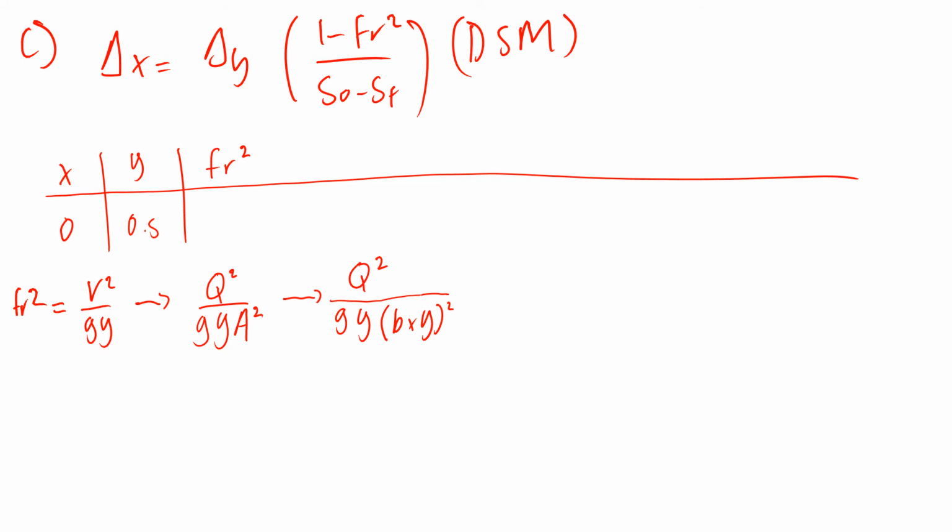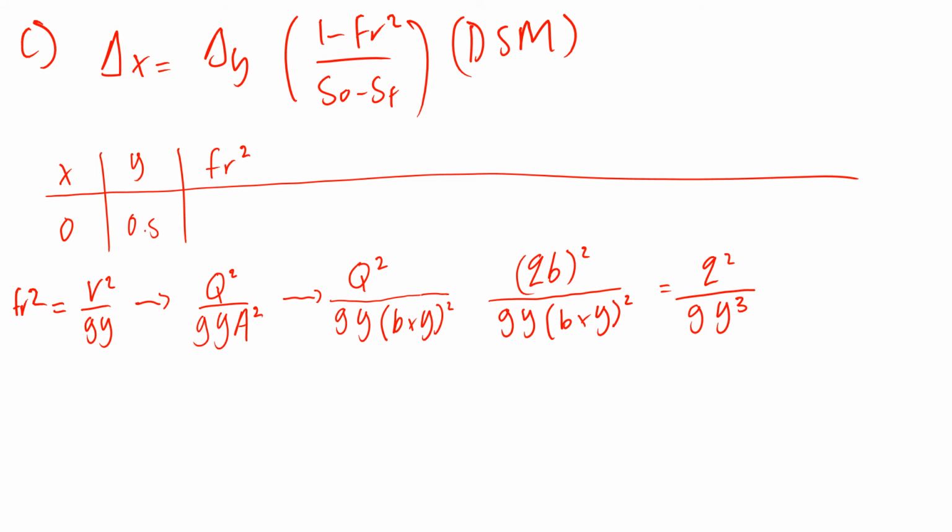So that's just the area. Now you know big Q is just small q times b. So you get q squared b squared over g y times b squared y squared. So the b cancels and you collect the y. So b squared goes with b squared, and then you get y squared times y to the power 1. So finally you get q squared over g y cubed.